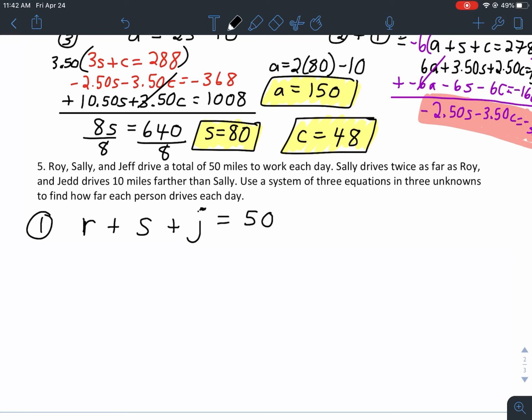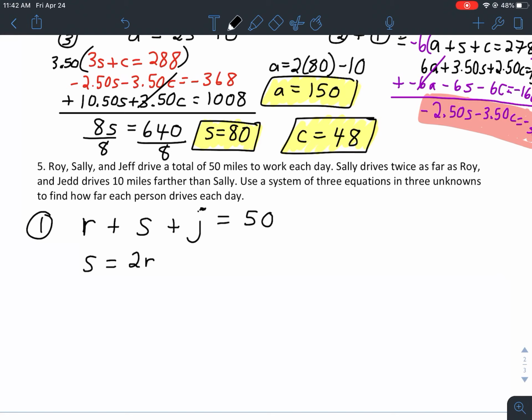Our second equation comes from the second sentence here. Sally drives twice as far as Roy. So our equation is going to be S equals 2R.